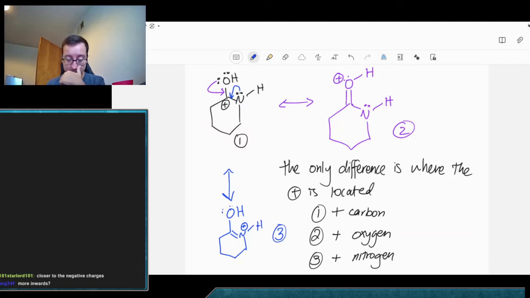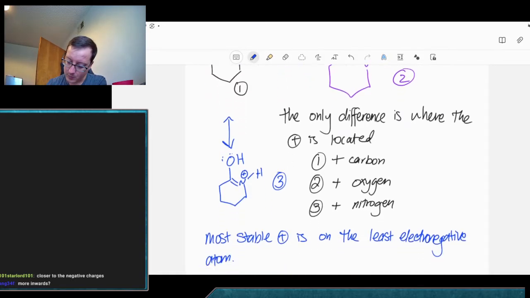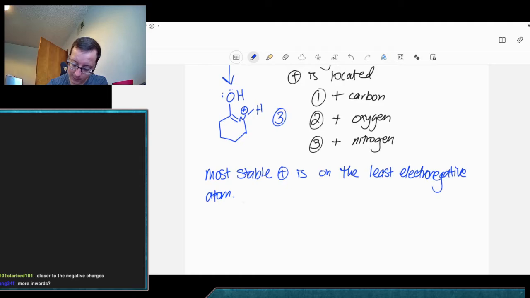So in terms of stability, if we want it on the least electronegative atom, we're going to see that molecule 1 is going to be more stable than molecule 3, which is more stable than molecule 2.